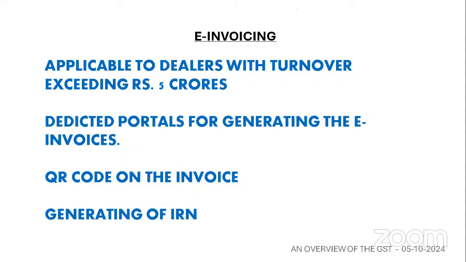He has to check whether that invoice is an e-invoice or a normal invoice. The person whose turnover is more than 5 crore rupees is mandated to issue an e-invoice. If he issues a normal invoice, not an e-invoice, then the buyer will not get the credit for the taxes paid on purchase of the goods.